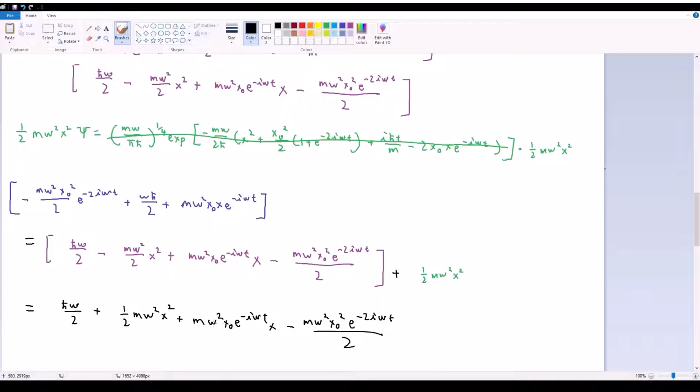And then immediately I see here that we share another common factor, m omega squared x naught e to the negative I omega t. Actually, you know what? This doesn't share an x factor at all. Actually, my bad. So let's see. Plus 1/2, that's correct. M omega squared x naught x e to the negative I omega t.